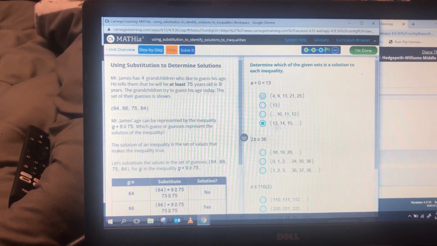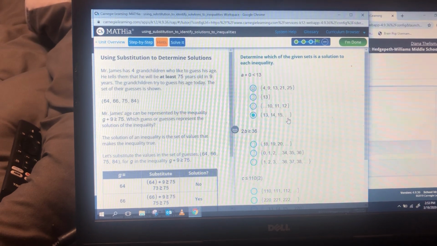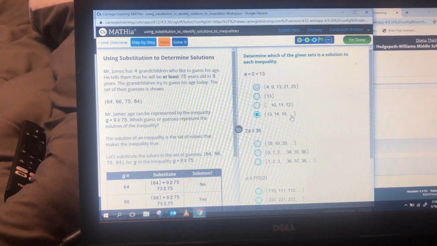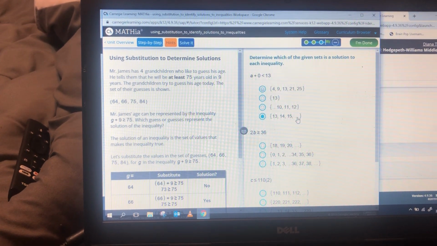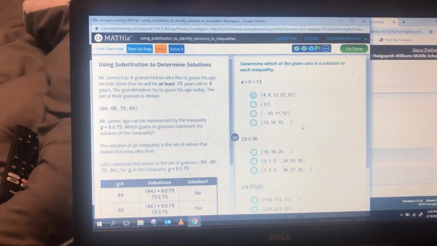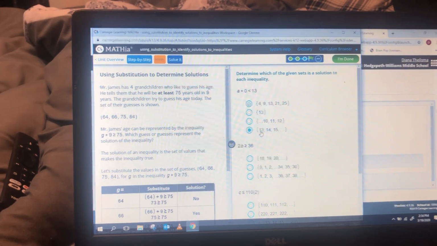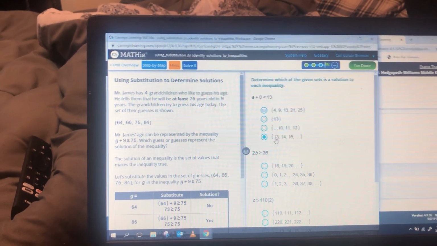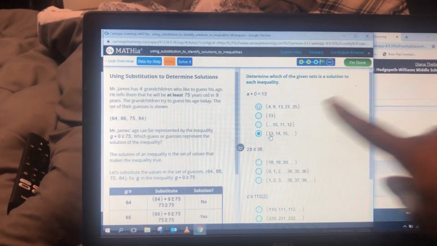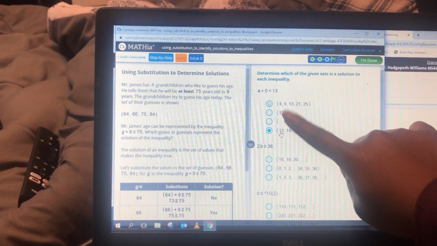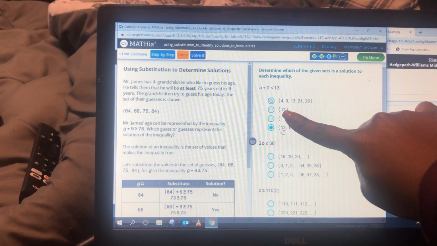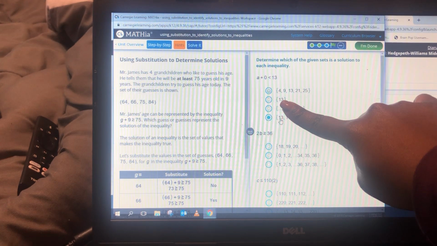Now, if I look at this choice over here, 13, 14, 15, you keep going: 16, 17, 18, 19, 20. But this would not be a good choice because 13 plus 0 is 13, and we already talked about how 13 is not a good solution because 13 is not less than 13.